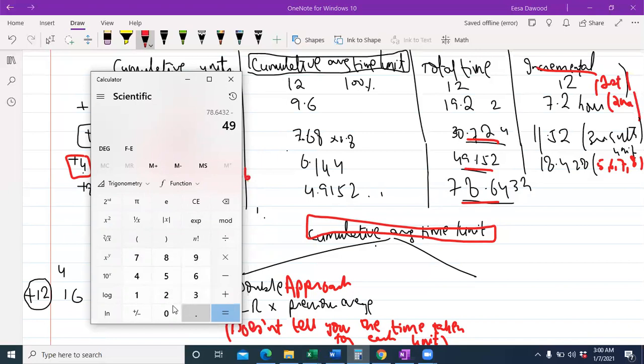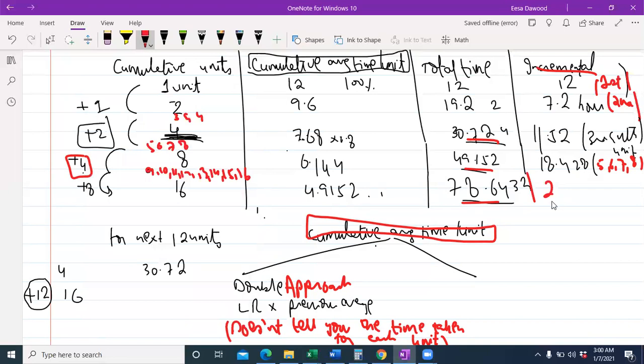Minus 49.152. So this will be the time taken, 9.4912. This is for the next 8 units.